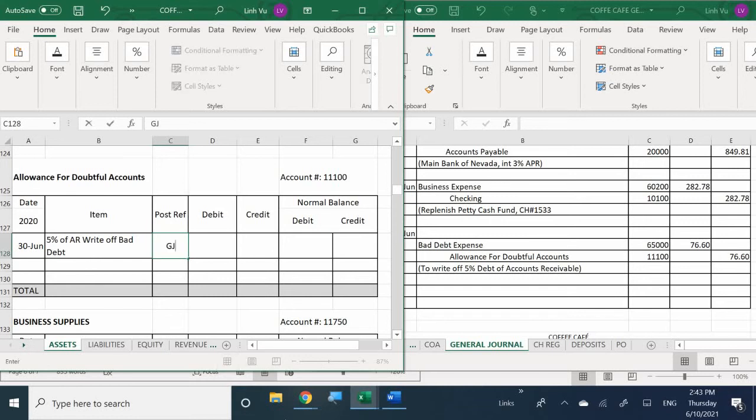Credit for $76.60. Sorry, total credit to $76.60.